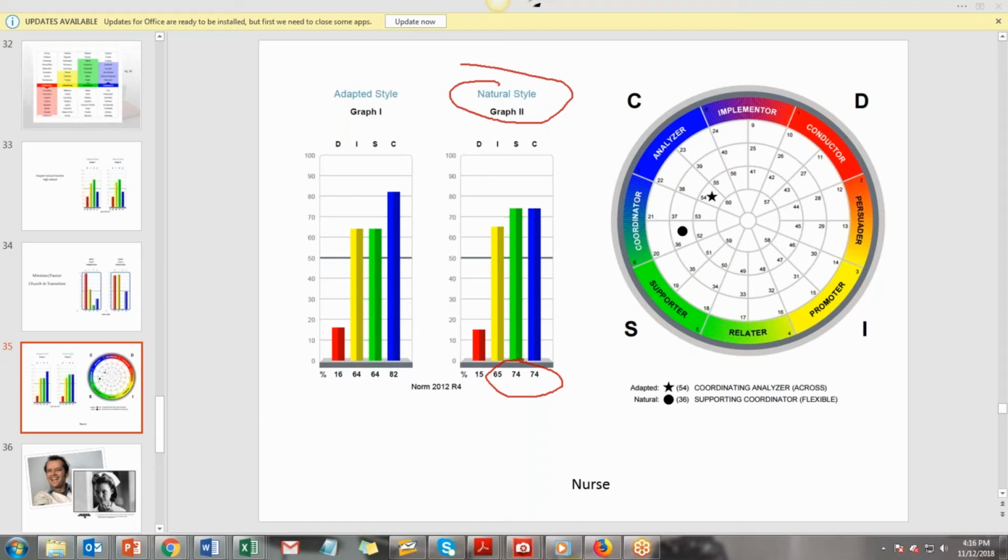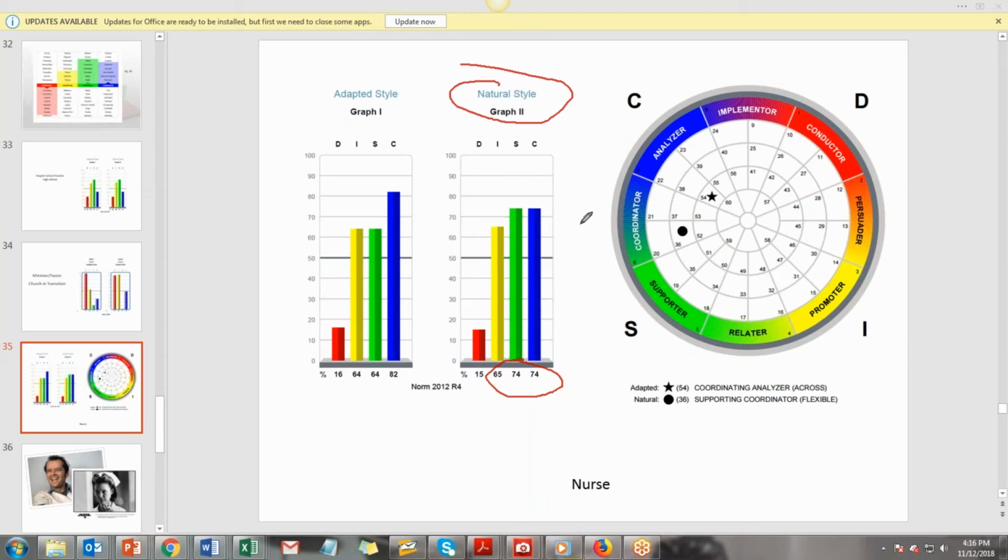So what does it mean when graph two and graph one are basically the same? I mean when you're trying to figure out the C over D or S over C, on the first one they're the same numbers, which one would be the first? Just take your pick. It's either going to be S over C or C over S. But don't get too wrapped up about the core style.